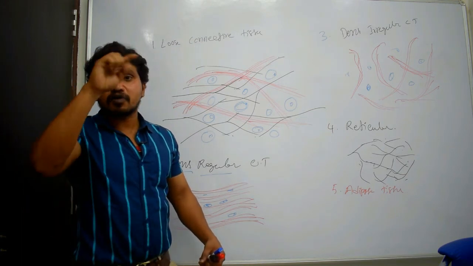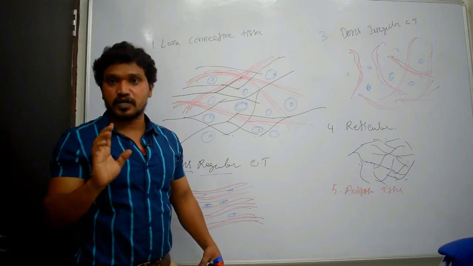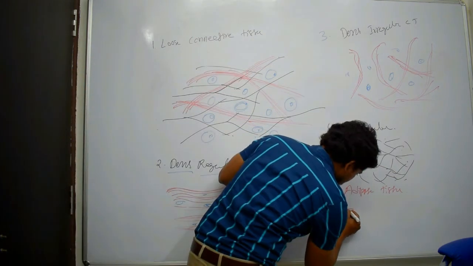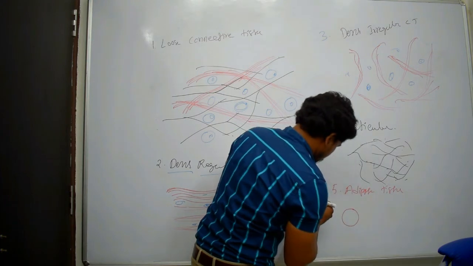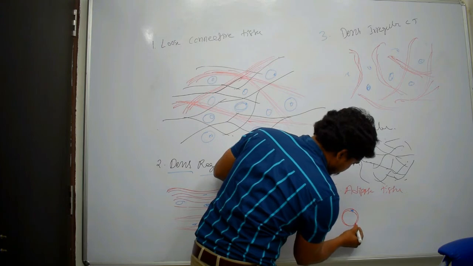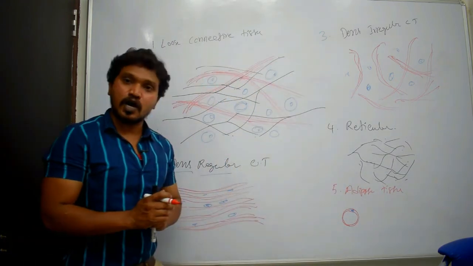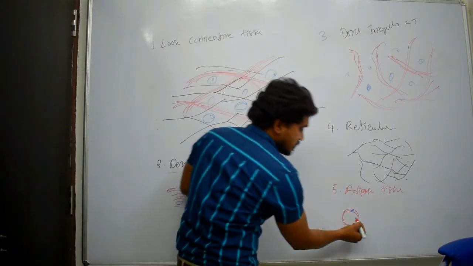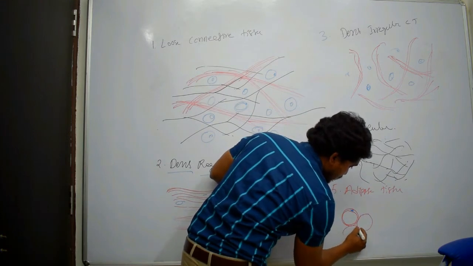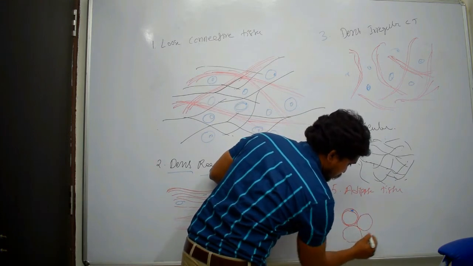Because of this, we can find a very thin rim of cytoplasm just beneath the plasma membrane. That is how a single cell looks. But when a group of cells are arranged together, there will be compression among the adipose cells, so they may appear hexagonal in shape also.